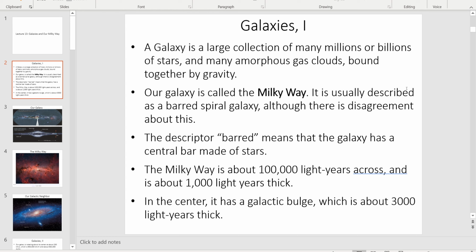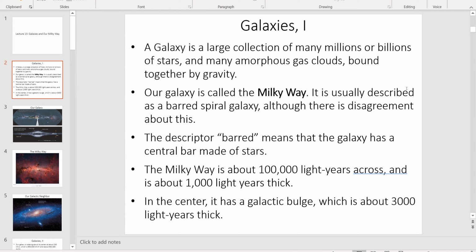If you could travel so fast that you could go around the equator of the Earth 7 times in 1 second, but instead travel at that distance in a straight line across the galaxy from one end to the other, it would take you 100,000 years to cross the galaxy. It would take you about 1,000 years to traverse the thickness of the galaxy. However, that is a rough estimate because the galaxy doesn't have a constant thickness.